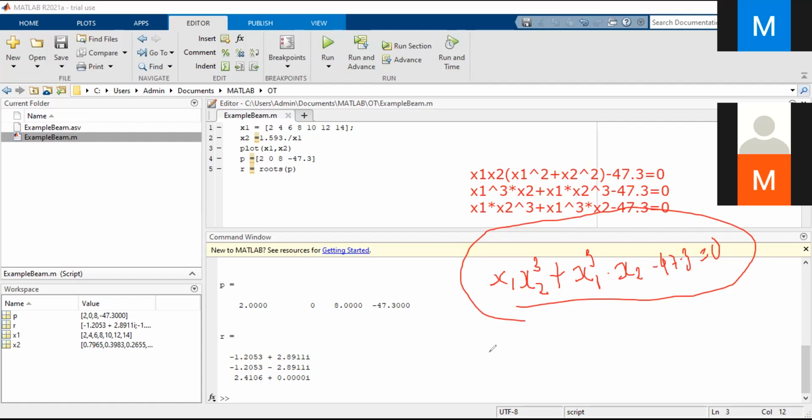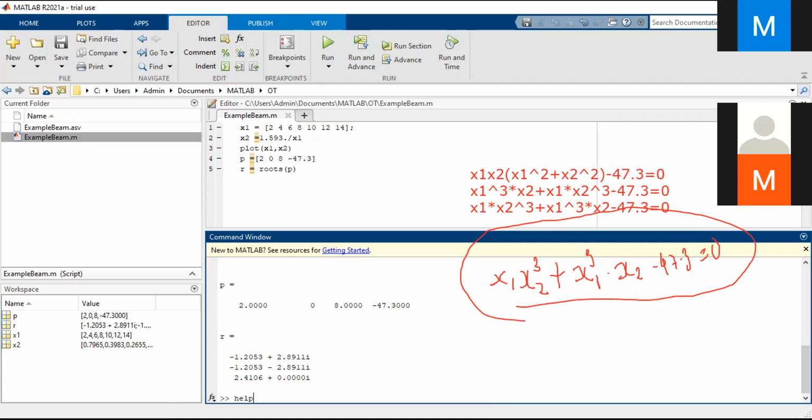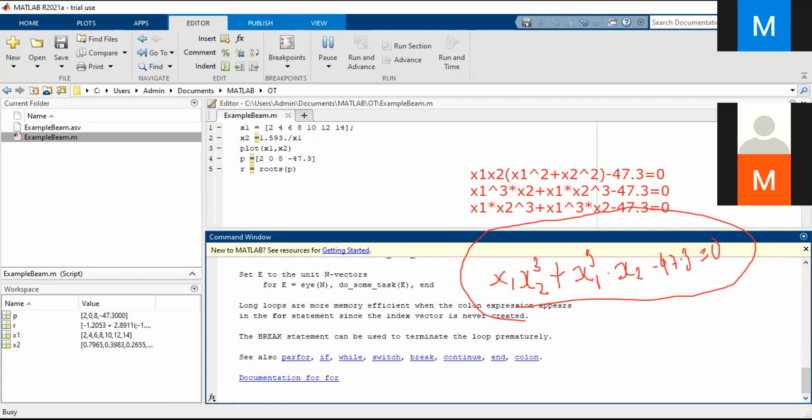Okay. So what I'm going to say, you can just write down here: we need to use a for loop. Okay. So you just write down for. Okay. So you will get how to use the for loop.